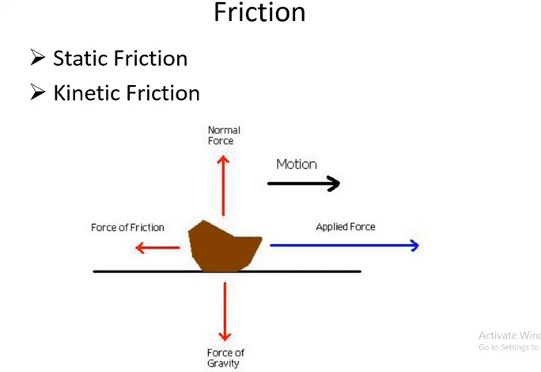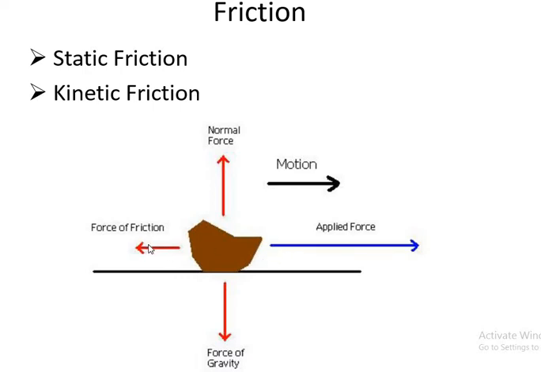Now when the body has to move in one direction, suppose forward, in the right-hand direction, the applied force is given, and this is the force of friction. From the arrow marks, the applied force is more than the force of friction, so the body will move in this direction. But if the applied force is equal to the force of friction, the body will be at rest.